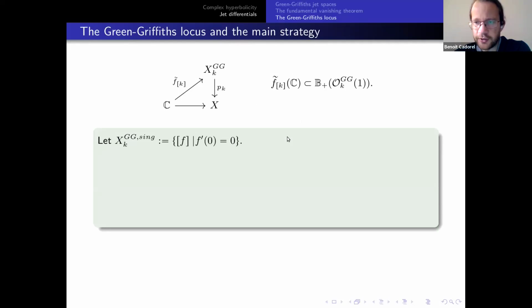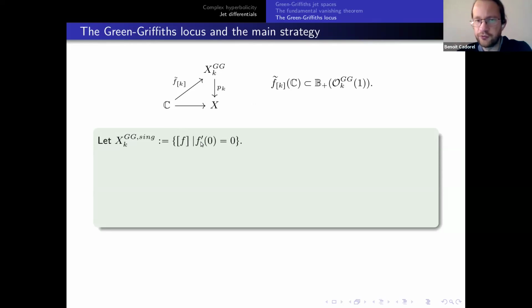And there now we will use that to prove that C must fall inside some well-defined locus in X. So again, k is fixed. It may vary in the future, but let's fix k. Inside this Green-Griffith jet space, you can always look at the set where the k-th Taylor expansions have a zero first derivative.